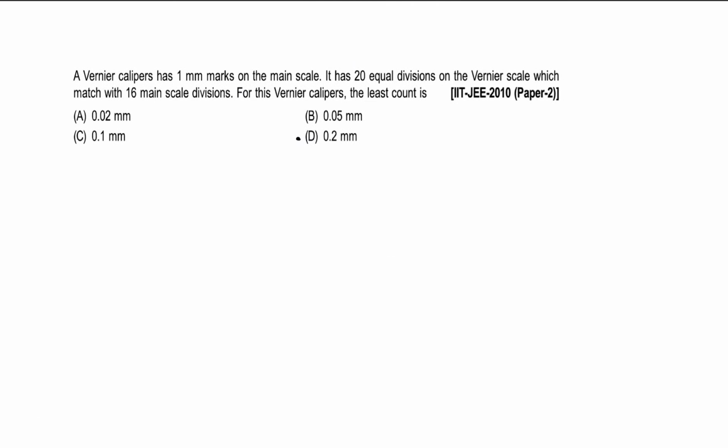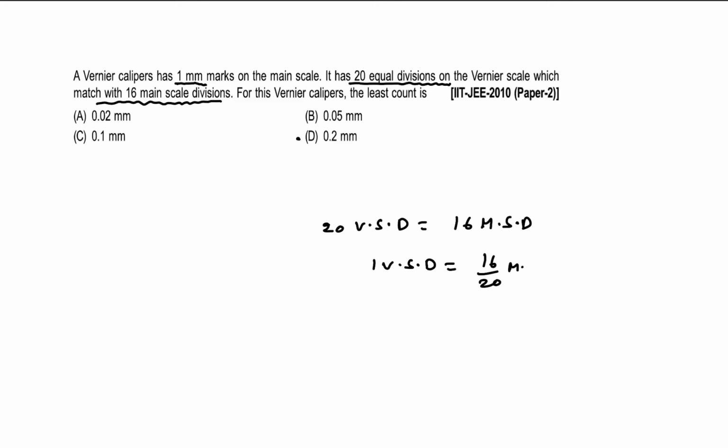Next, I have taken the JEE Advanced 2010 paper 2. Here they have given vernier calipers, 1 millimeter mark on the main scale. It has 20 equal divisions on the vernier scale, which is matching with 16 main scale divisions. So 1 vernier scale division can be written as 16 by 20 main scale divisions, which is 4 by 5, that is 0.8 main scale divisions.